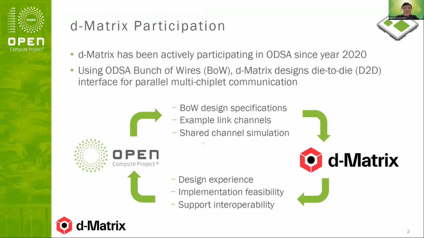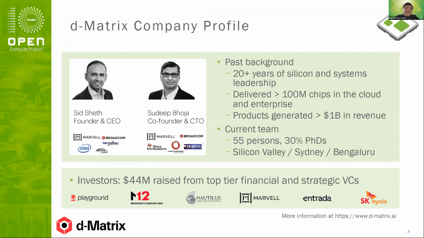Next, please. Before I talk about the D-Matrix product, let me give you a quick introduction regarding D-Matrix. D-Matrix is an AI company founded by Sid and Sudeep about 3 years ago. Both of them have more than 20 years of silicon and system experience. With a proven record, they delivered more than 100 million chips in the cloud and enterprise industry.